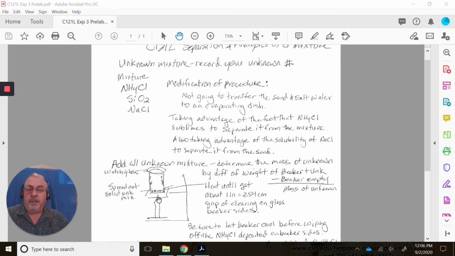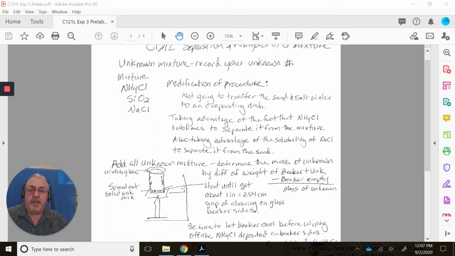When we're heating the material to sublime the sodium chloride, or excuse me, ammonium chloride, we need to heat it until we get a clearing around the side of the beaker so that we can then wipe off the deposited ammonium chloride that will coat the surfaces of both the watch glass that we put on top that prevents any material from spilling out or popping out, and also on the cooler sides of the upper part of the beaker.